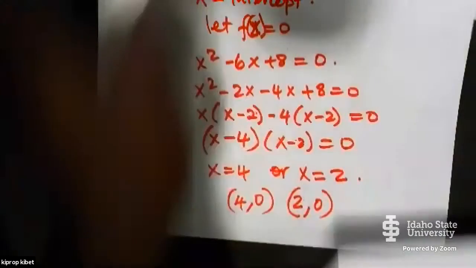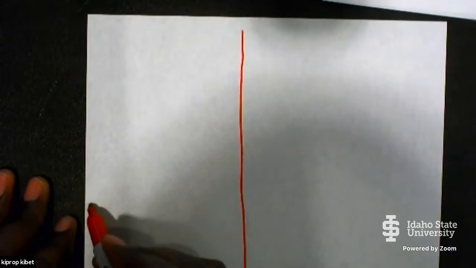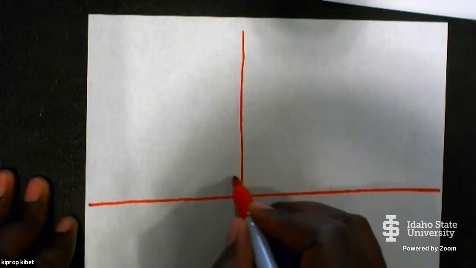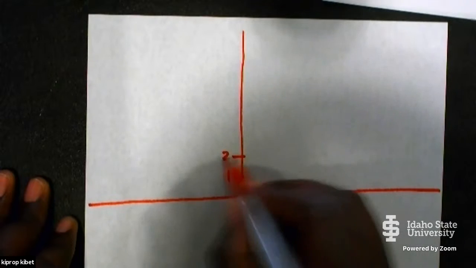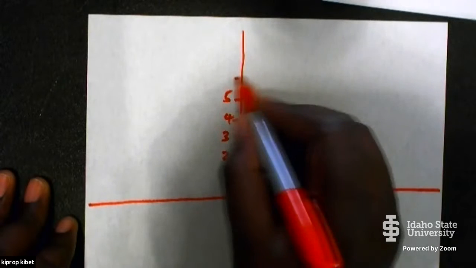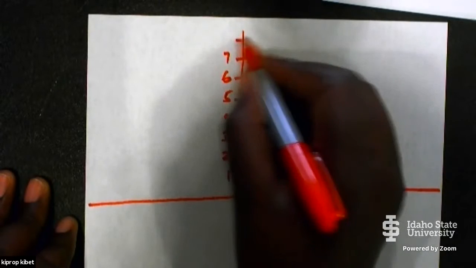Okay, so this one is going to A. We now draw this. We can say this is 1, 2, 3, 4, 5, 6, 7, 8.